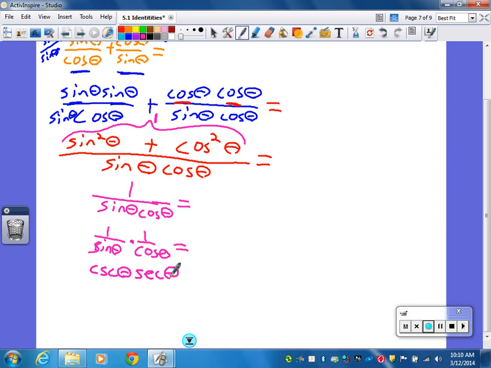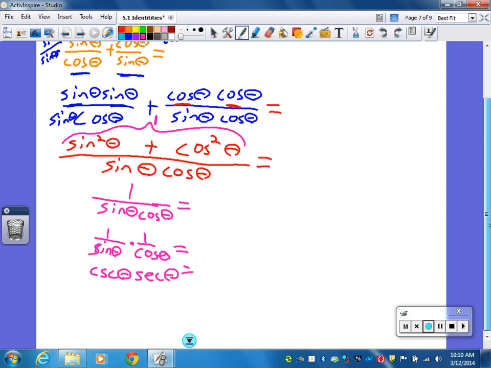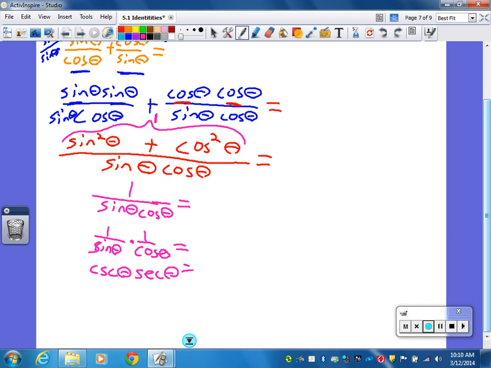And is that what we want? Let's take a look. Secant times cosecant, they're not in the same order. So what we can do, because multiplication is, what's that word? Commutative. Then we can change where they're located.